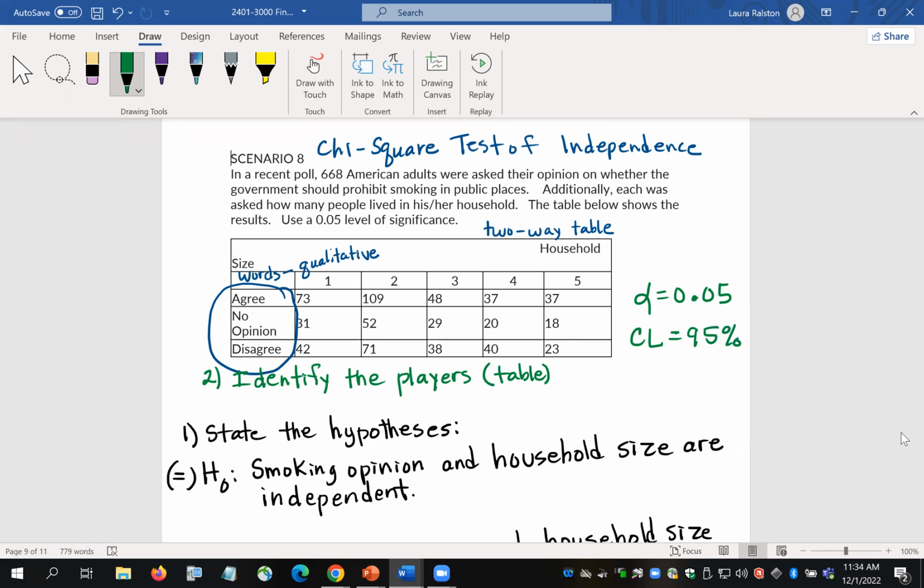So then I'm ready to do step three, which is to calculate the test statistic, but we have to basically recreate this table in Minitab, which is a little awkward to do. So I'm going to go over there and do that, but let me write down step three.